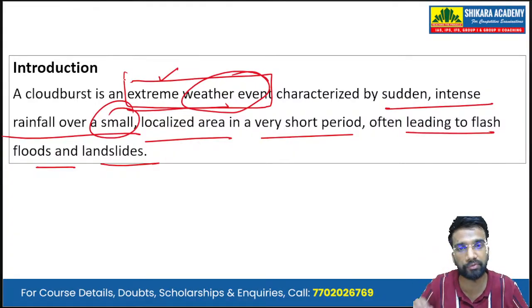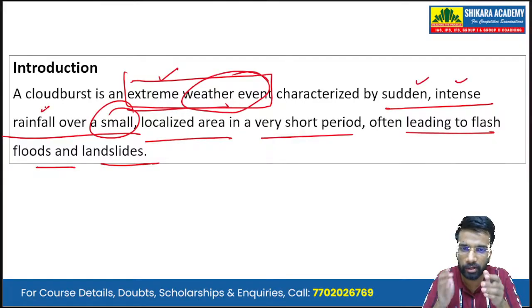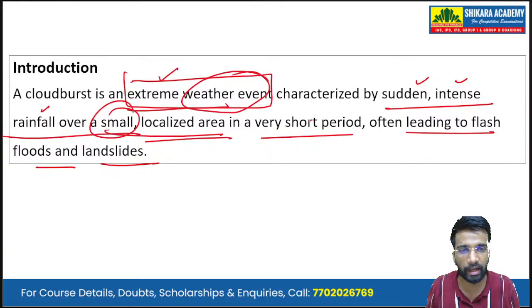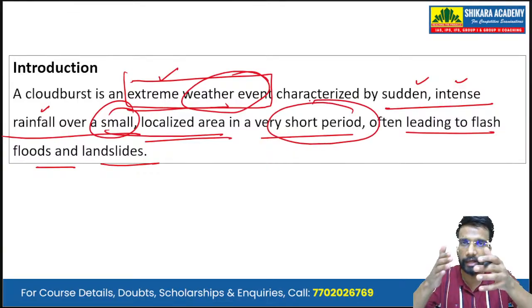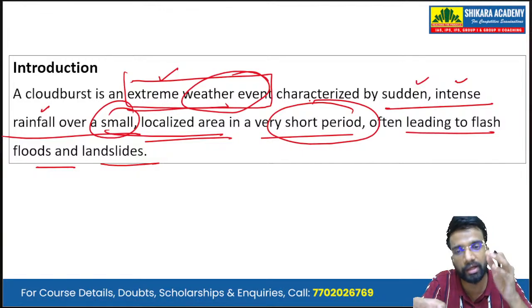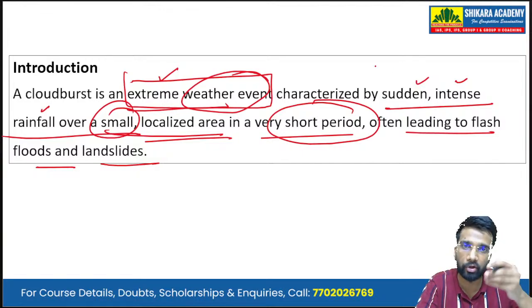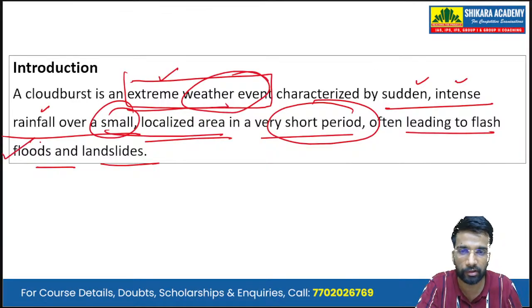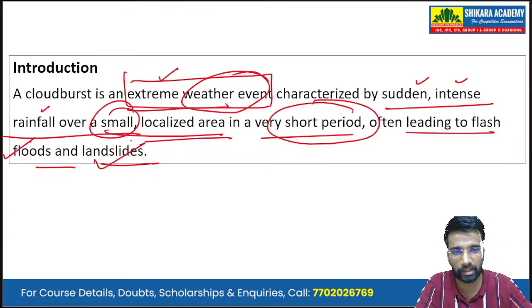Second is the characteristics of this extreme weather event: sudden and intense rainfall over a small and localized area. The area is small, the time period is short, and the rainfall is sudden and intense. And what it leads to: the flash floods and the landslides.